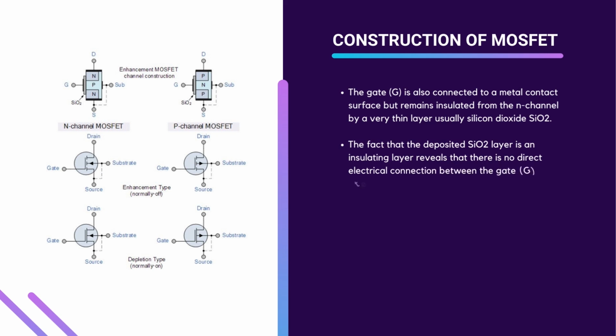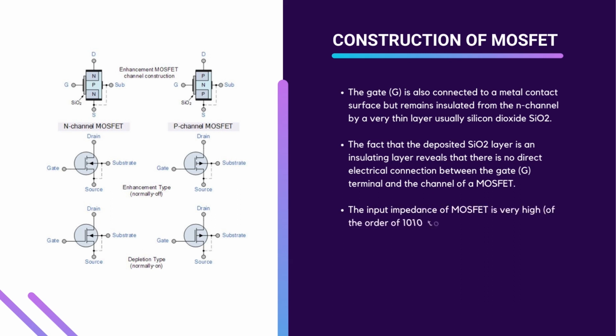The fact that the deposited SiO2 layer, silicon dioxide layer, is an isolating layer reveals that there is no direct electrical connection between the gate terminal and the channel of the metal oxide semiconductor field effect transistor, that is, a MOSFET.